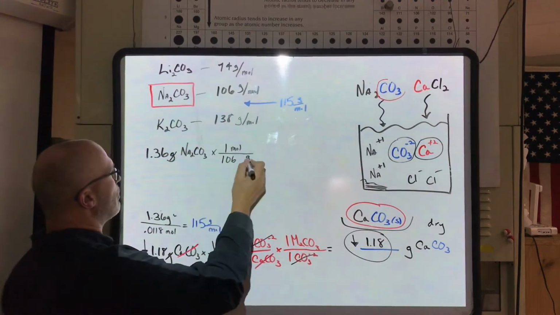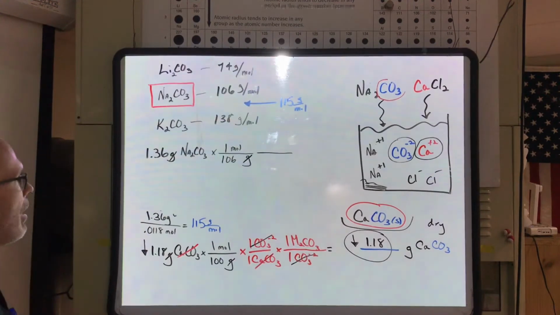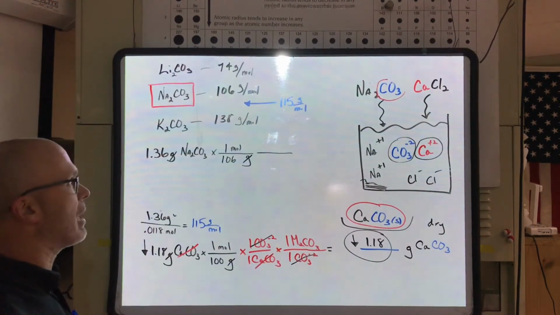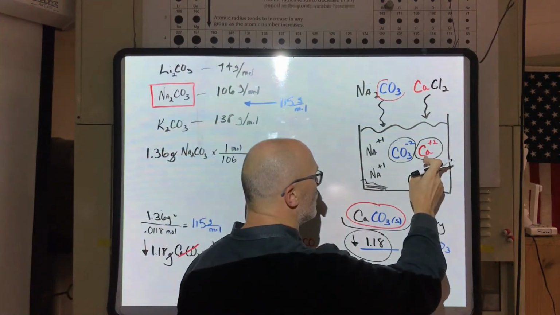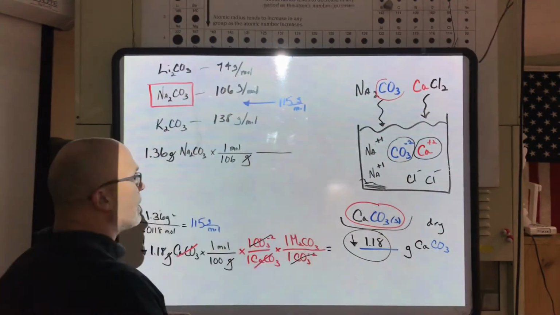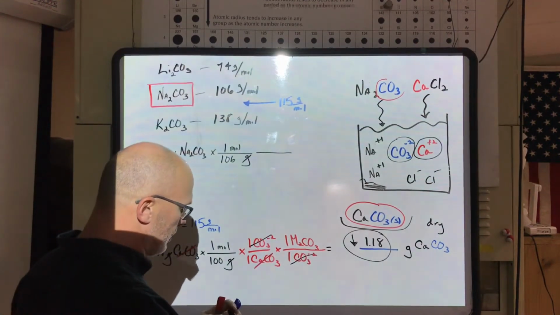Okay, did a formula mass, and now we need to know the ratios, okay? Now, how do I know the ratios? Well, we need to have a balanced chemical reaction, right? Let's do the net ion reaction. As we can see, one calcium, okay, goes to one carbonate, okay? And so that net ion reaction that we're gonna use to balance is very simple, okay?